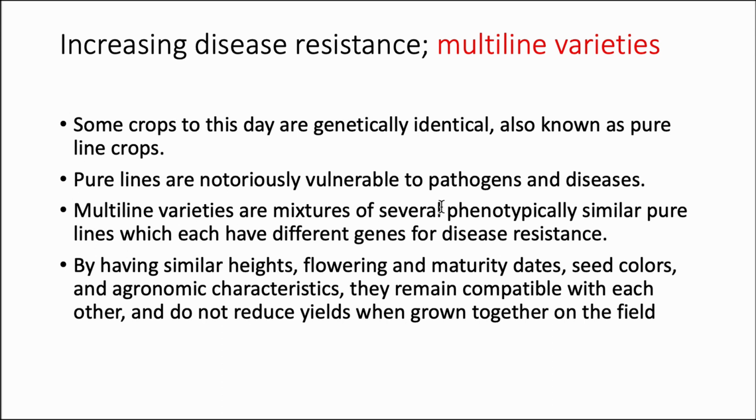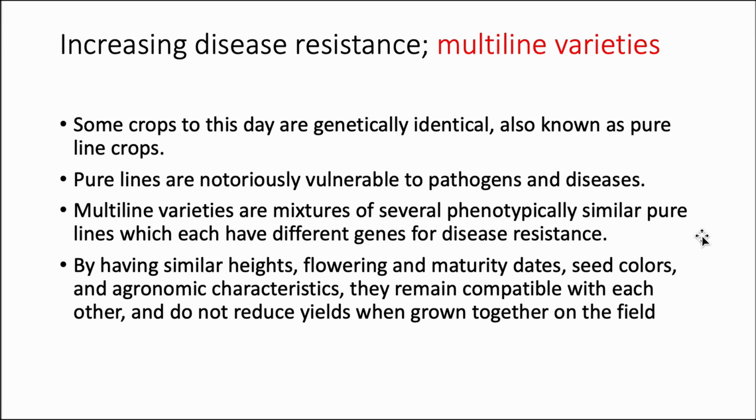Now another term that is important is phenotypically similar. So guess what happens when he started to grow multi-line varieties? Because they're genetically dissimilar, some plants would grow really fast and tall, and other plants would grow slower and just end up being shorter.